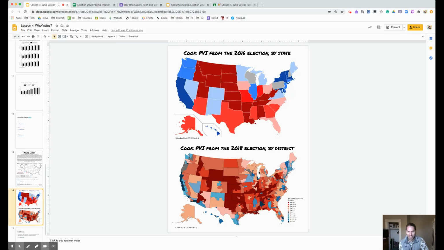And then if you come down here, this is by district, so it's broken up into smaller chunks. And what you can see is, for example, look at Colorado, which is right here. You might think, oh, it's blue, so I should be seeing more blue. But if you really look at the state and look at this scale over here, most of the state votes Republican, it looks like. But this little blue area is where the majority of the population lives, so we count more.